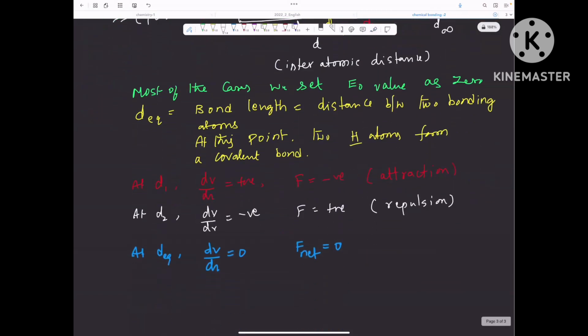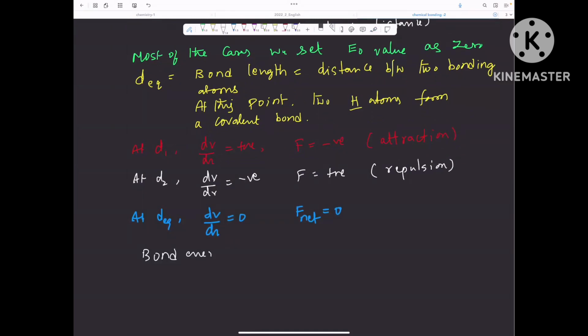Therefore, bond energy is generally used for gaseous state. The bond energy and bond energy terms we generally use only in gaseous state.